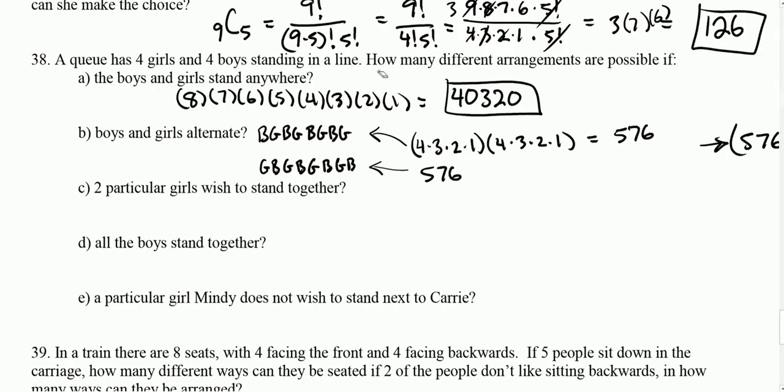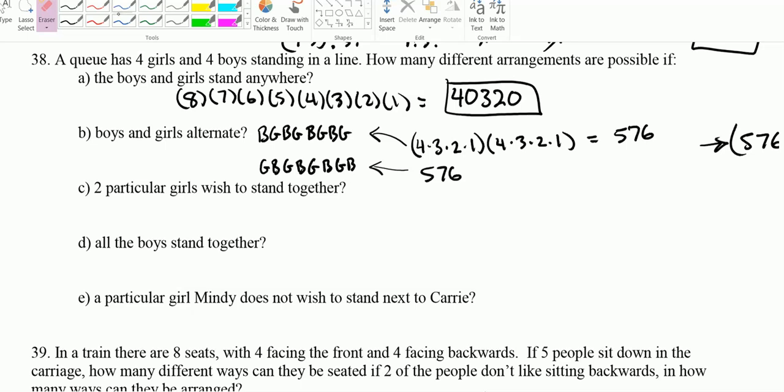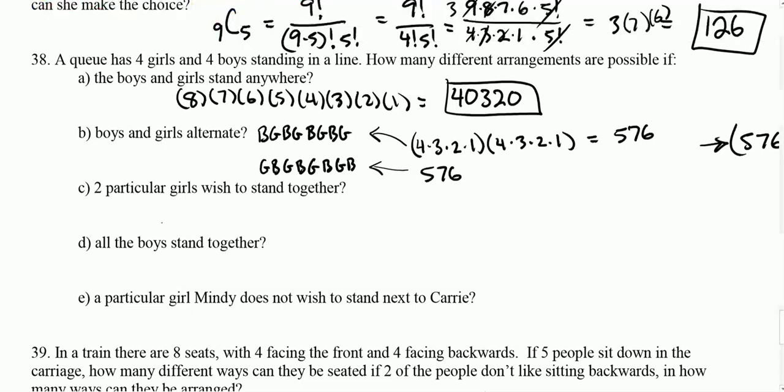Part C, 2 particular girls wish to stand together. So let's call them girl 1 and girl 2. And I'm going to view that as one choice, one person. And then we got 2 other girls, and we got 4 other boys.